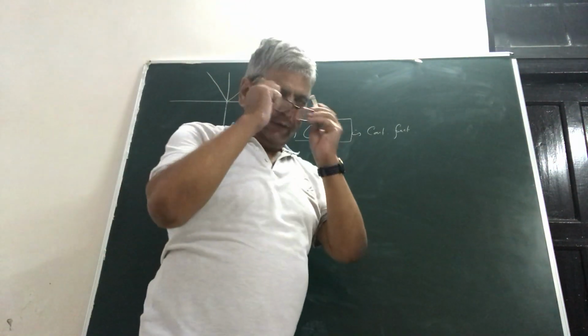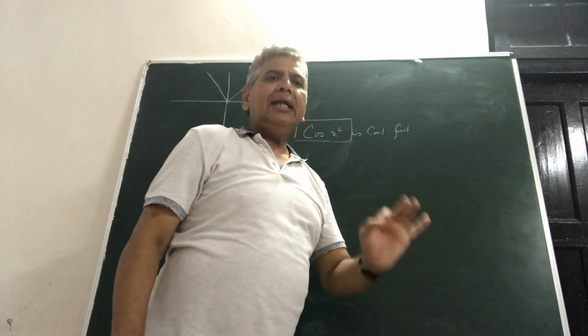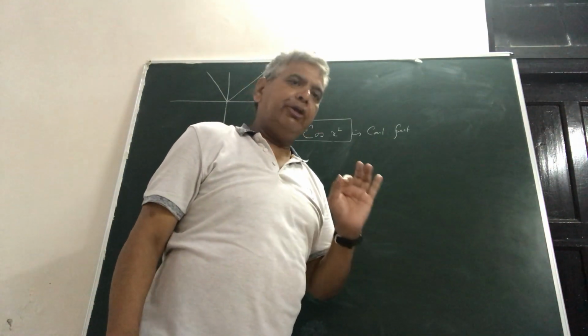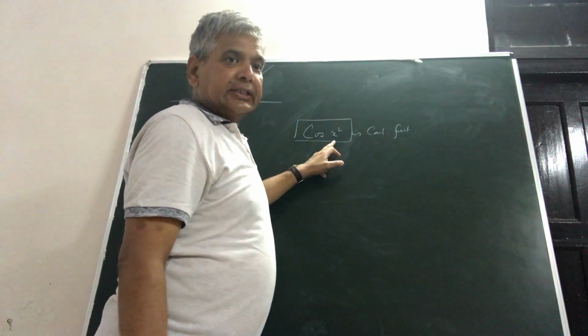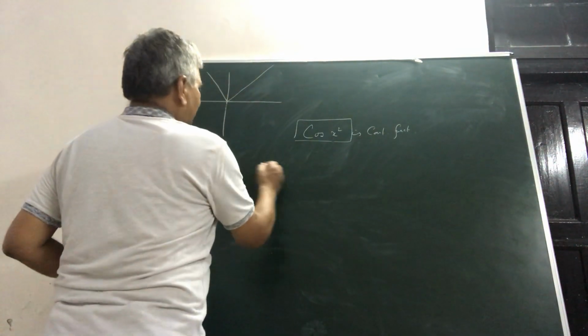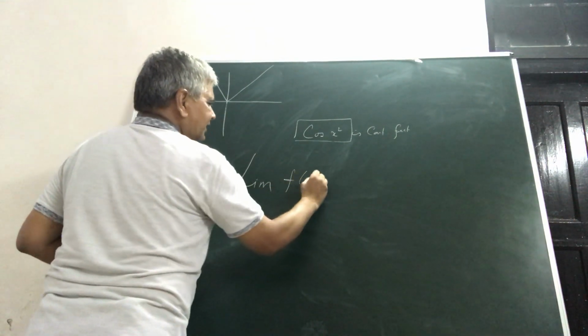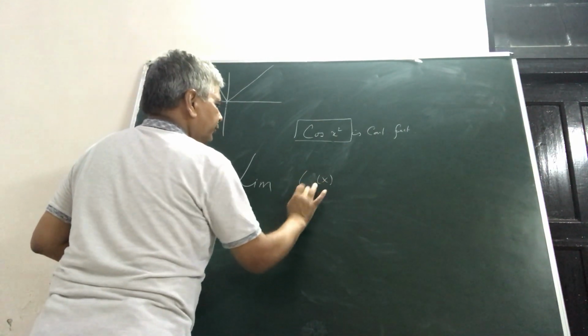I have told you, if the internal function is continuous at x equal to a, and moreover the external function is continuous at f(a)... Suppose, what the theorem says, I am repeating it, limit of g(f(x)).